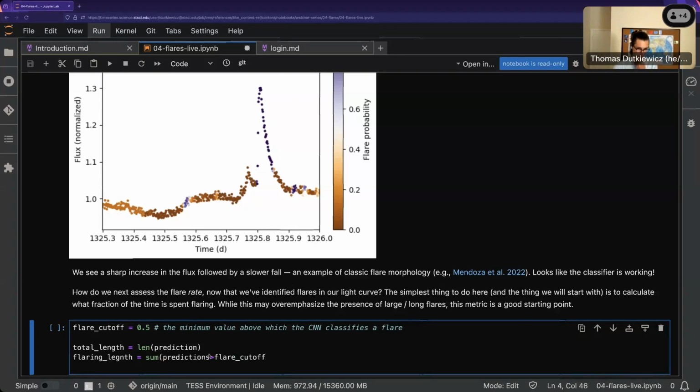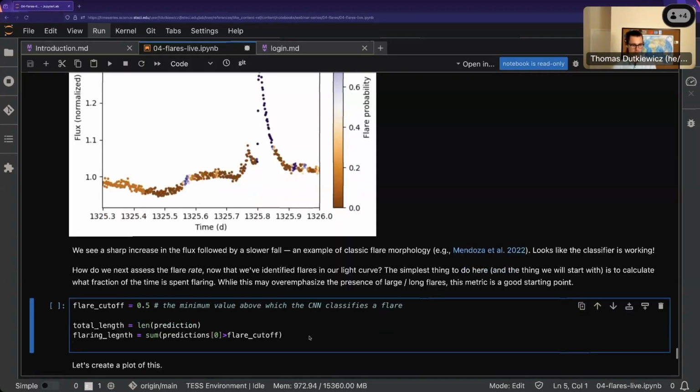I think in order to actually make this comparison, we need to do zero indexing. So we're comparing a value. And then this will give us a list of trues and falses. And when you sum over it, it only adds up the trues. We're going to see if that works. If it doesn't, I'm going to just resort to what my notes say. So the fraction flaring is therefore the flaring length divided by the total length.